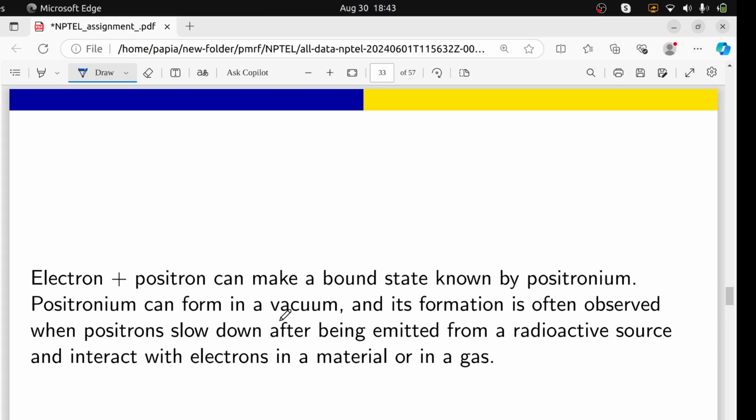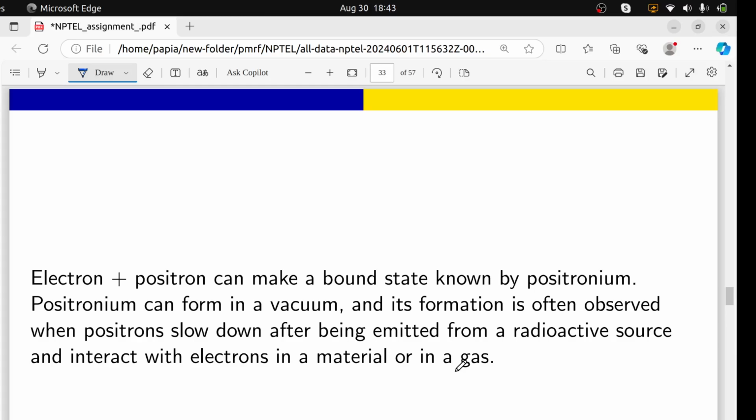Positronium can form in a vacuum, and its formation is often observed when positrons slow down after being emitted from a radioactive source and interact with electrons in a material or in a gas. So it's not that e plus and e minus always annihilate and make 2 gamma. It is not always possible.